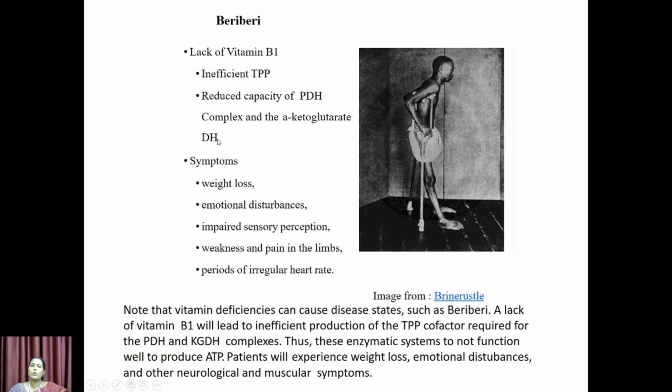Thus these enzymatic systems do not function well to produce ATP. So patients will experience weight loss, emotional disturbances and other neurological and muscular symptoms, such as weakness and pain in the limbs and periods of irregular heart rate.